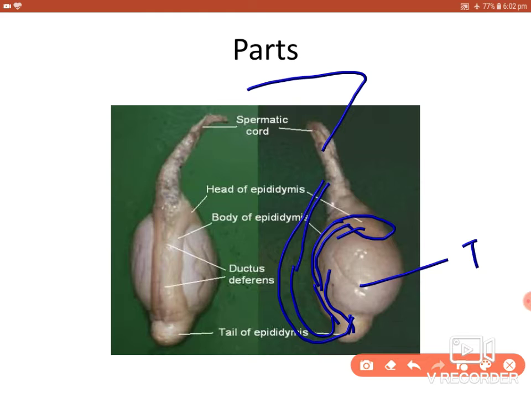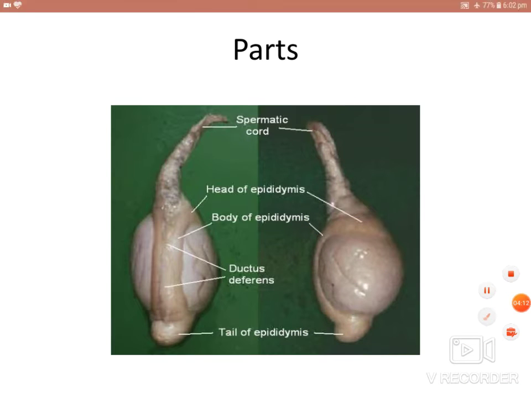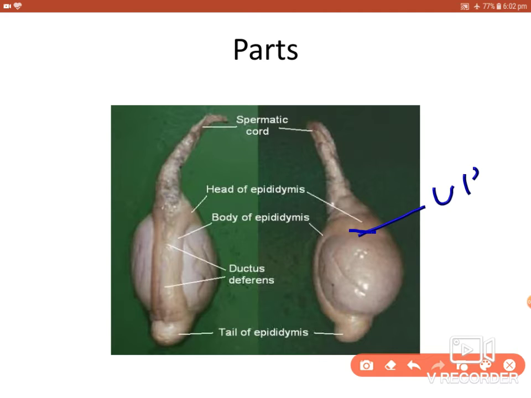Coming to the features of the testis, this is the upper pole, which leads to the head of the epididymis. This one is the lower pole. This is the anterior border. Where it relates to the body of the epididymis, that forms the posterior border.